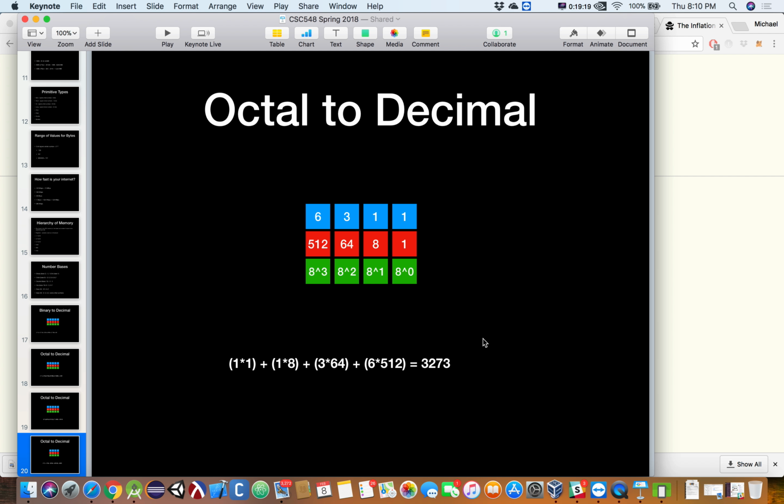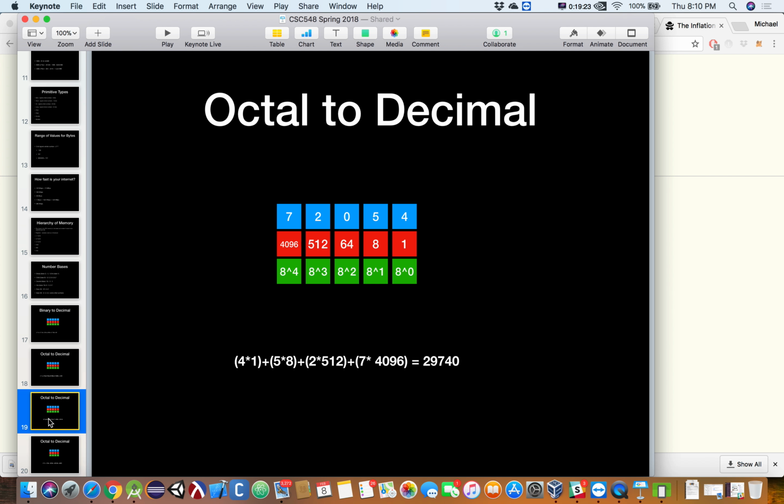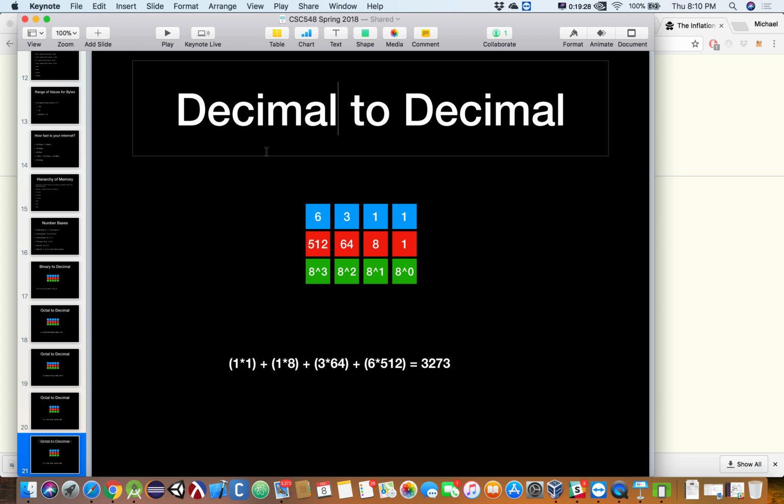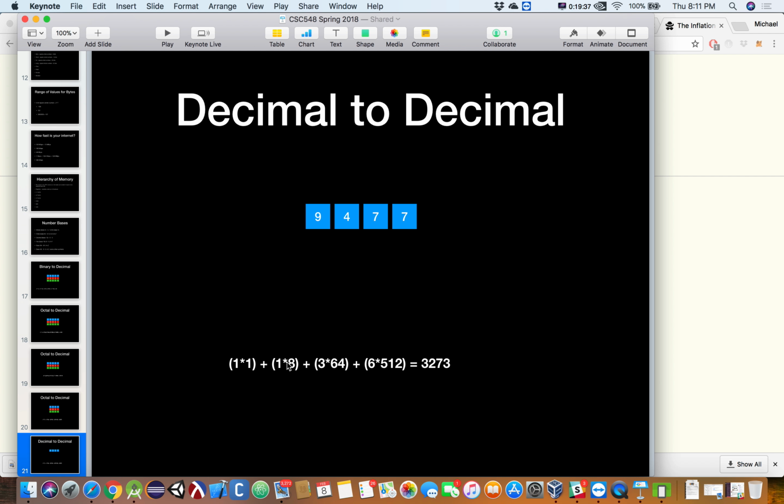All right, ready for a trick? I'm going to throw a trick at you. So let's steal this one again. So 9477. Convert that from decimal to decimal and show your work.